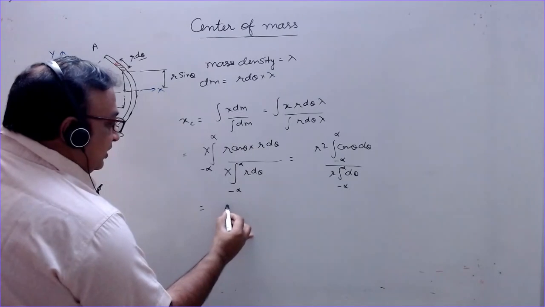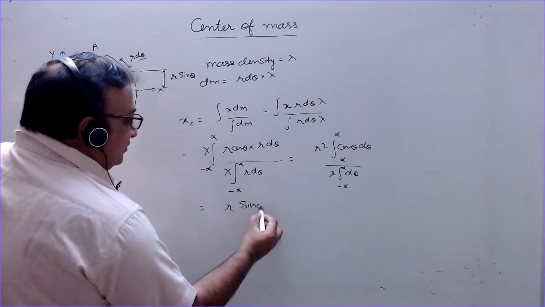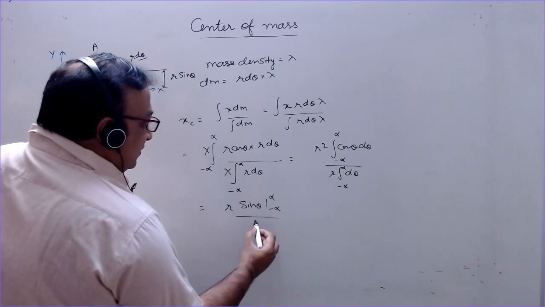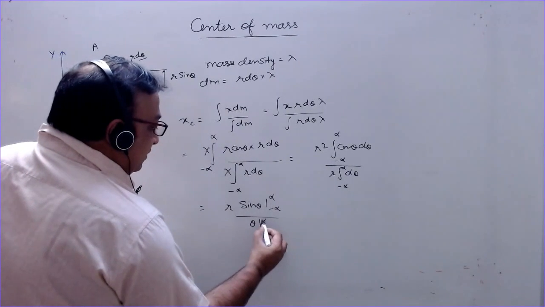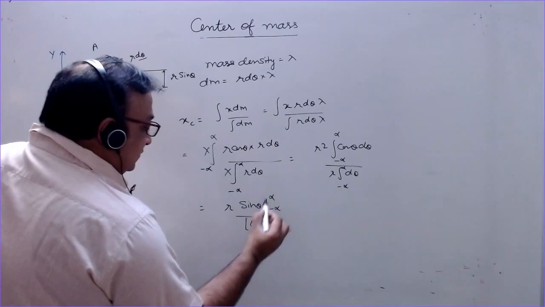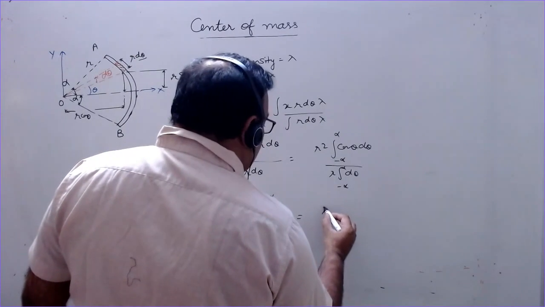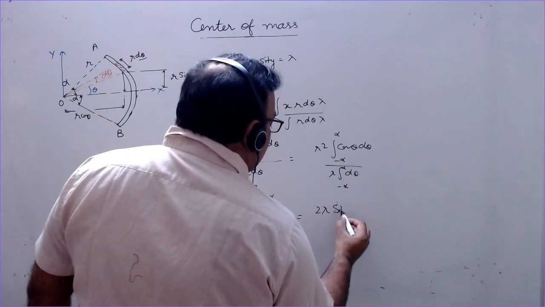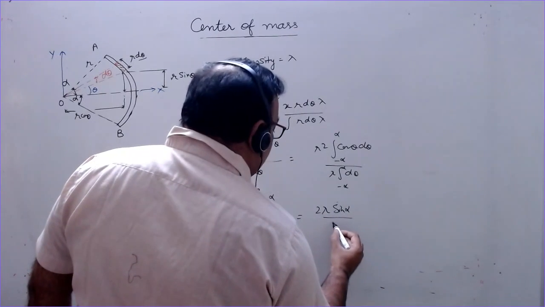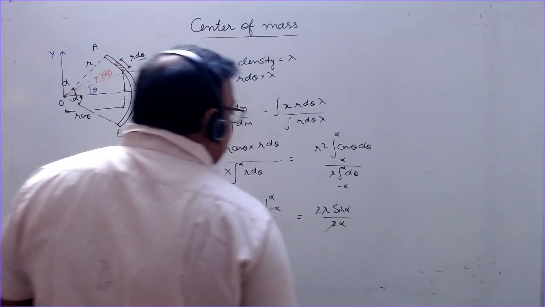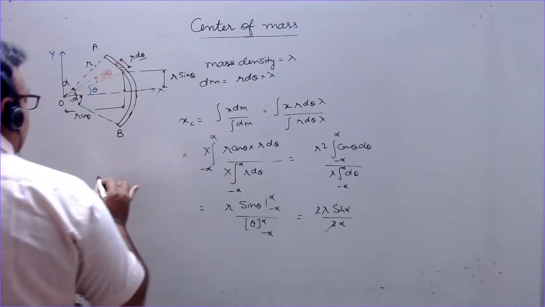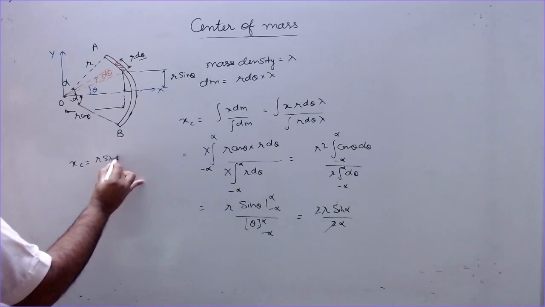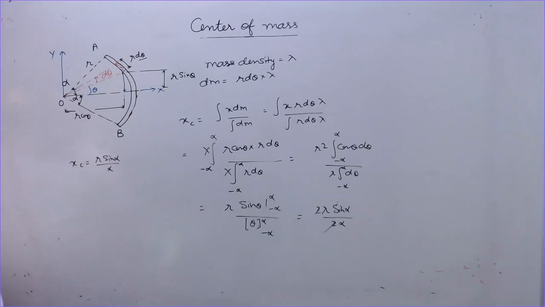So this is r sin theta from minus alpha to alpha divided by theta from minus alpha to alpha. So we get 2r sin alpha divided by 2 alpha. So xc is equal to r sin alpha divided by alpha.